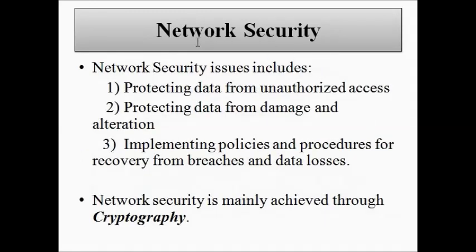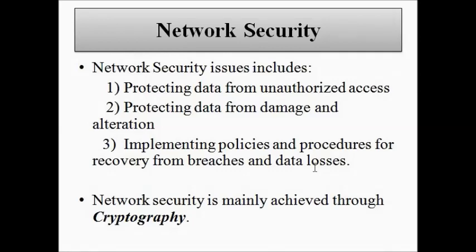Next is network security. Network security involves protecting your sensitive and confidential data from unauthorized access. It prevents data from being damaged, altered, or modified, and it involves certain policies, rules, regulations, and procedures for data recovery in case there is any breach of security or any loss of data.